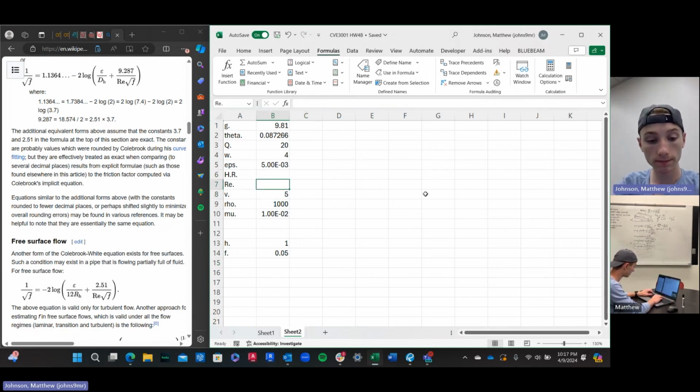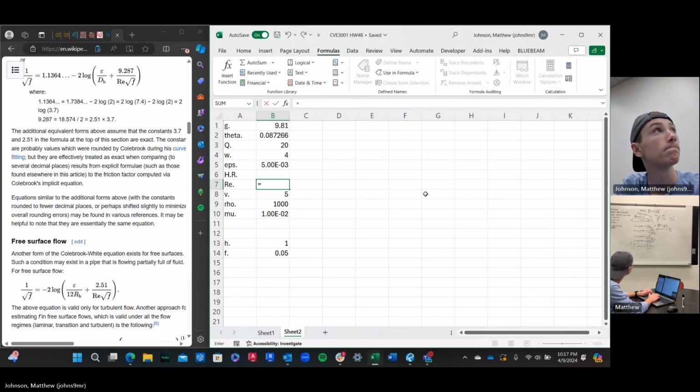We know the Reynolds number is equal to rho v d over mu. Is that correct? Think about that. Rho.